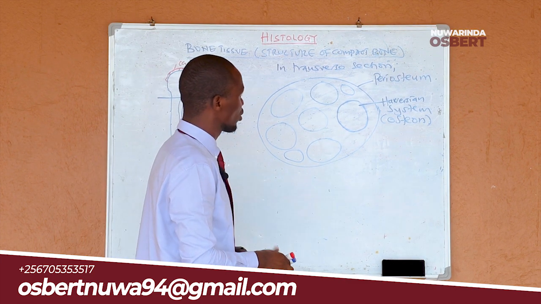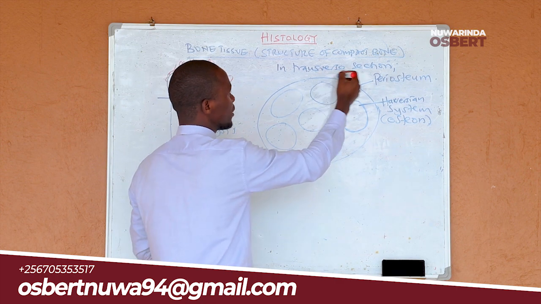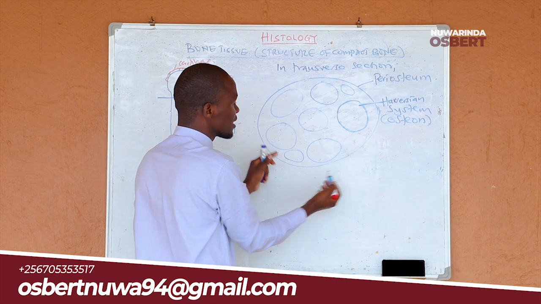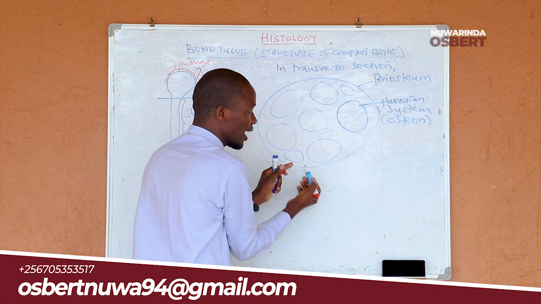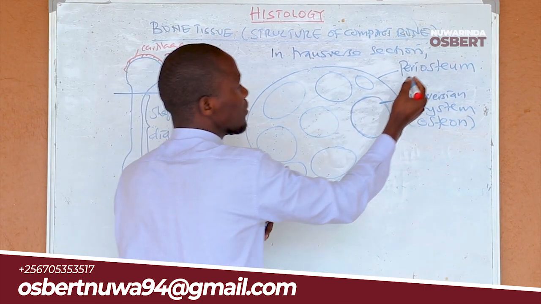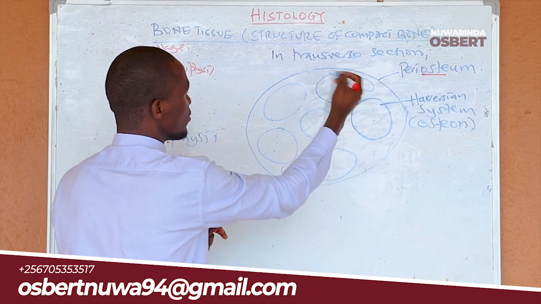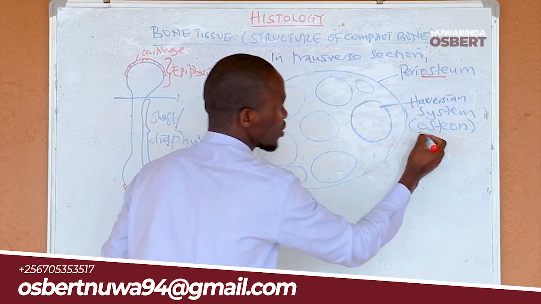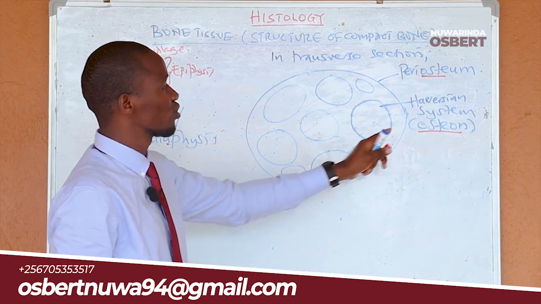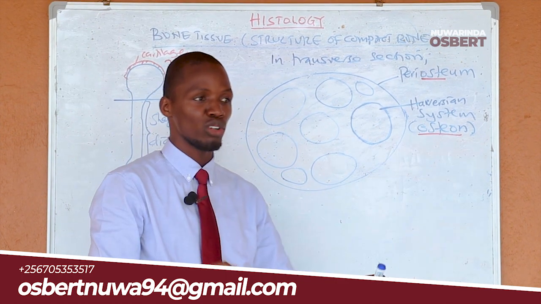For example, I've told you that the different Haversian systems inside here are enclosed by a membrane known as periosteum. Now I've told you that each system you are seeing inside here is called an osteon. So we are still going to continue to see this word oste becoming too much.